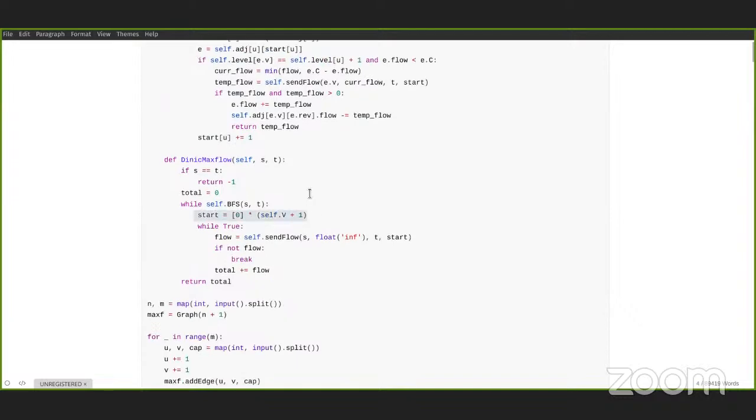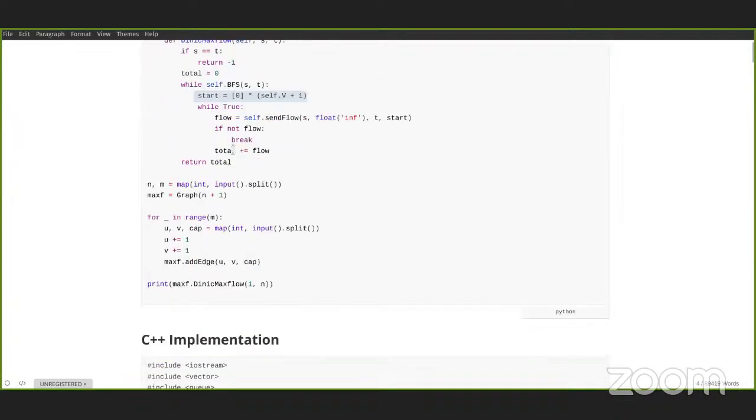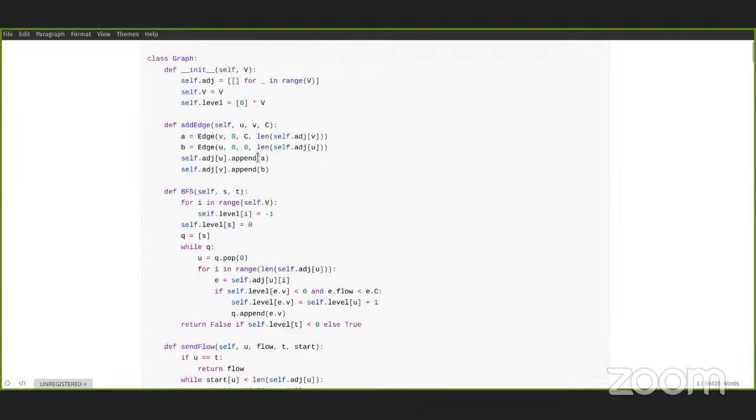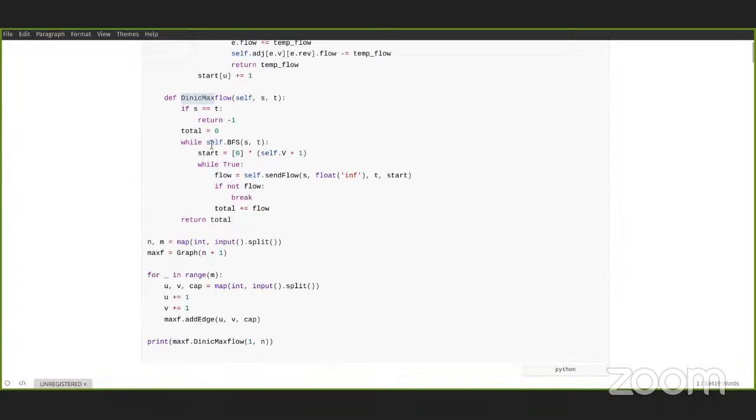First I try to send flow from 0 to any one of the vertices, but this Dinic's max flow calculates the max flow of the entire graph. I start with while self.BFS of s, t, the source and target. While true, I'll send flow and try to get the bottleneck.